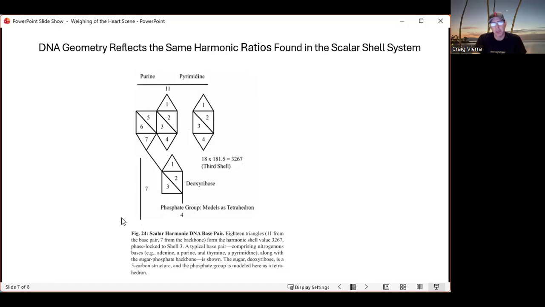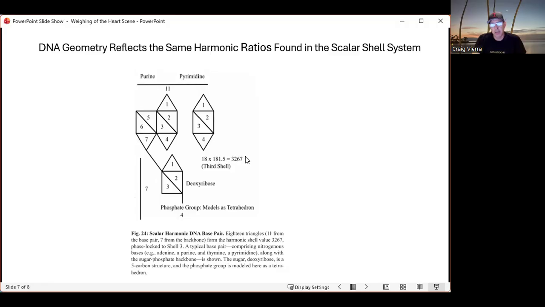Interestingly enough, if you look at one turn in B-form DNA, it's 10 base pairs. So if you multiply all this by 10, you end up with 32,670. That is also in the harmonic shells that I have.